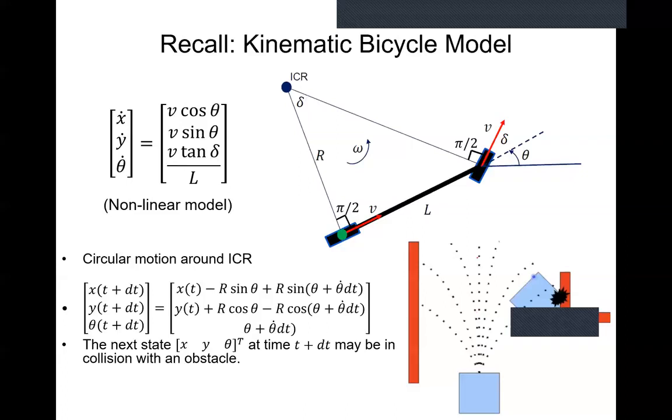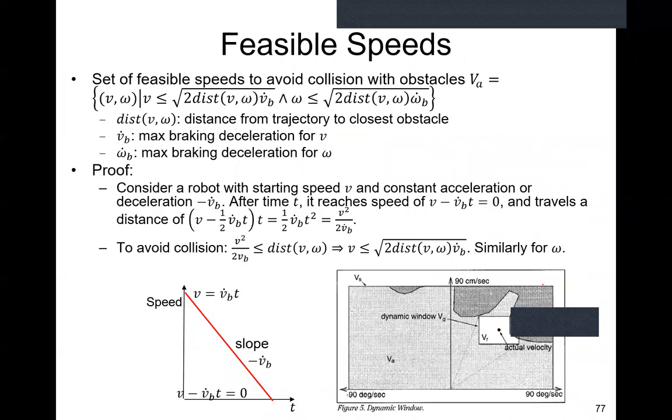So recall the kinematic bicycle model. It's performing a circular motion around the ICR, and the next state at t plus dt may be in collision with an obstacle. So to avoid collision with obstacles, you can compute the velocity constraints on v and omega.